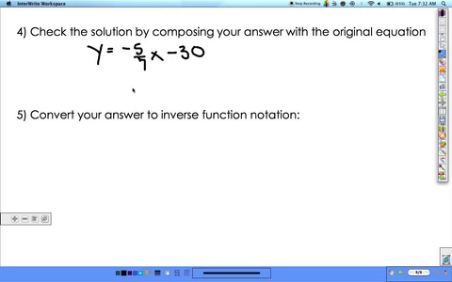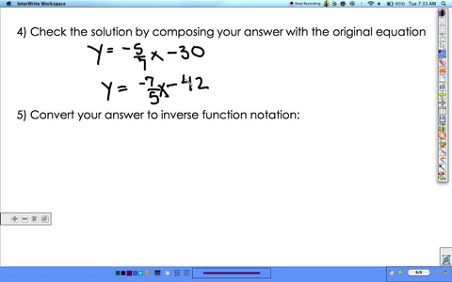And my old function was y equals negative 7/5x minus 42. So you can still compose functions even though it's not in function notation. You just take one function and plug it in for the x in the other one.